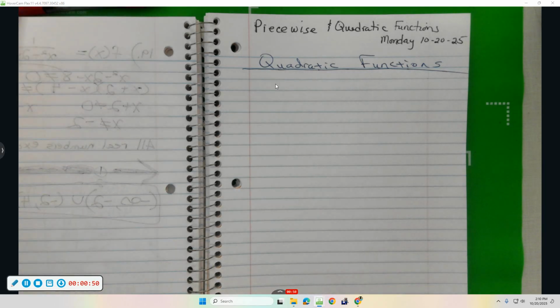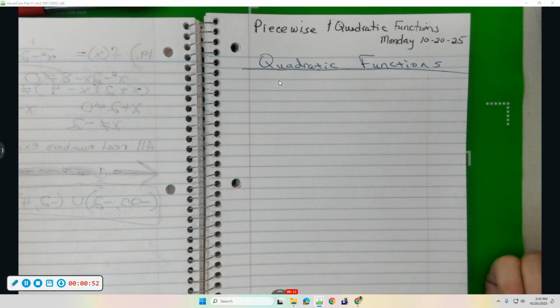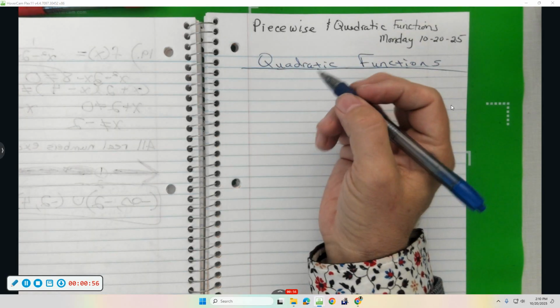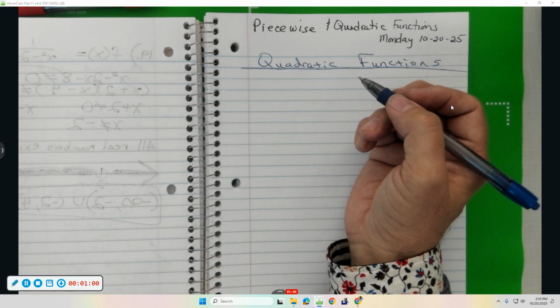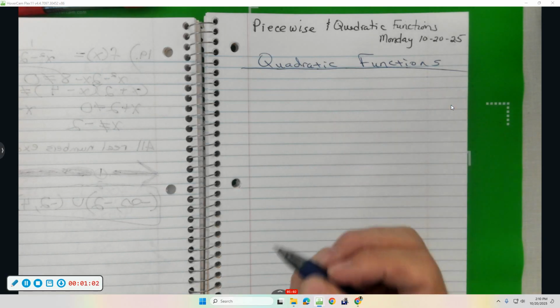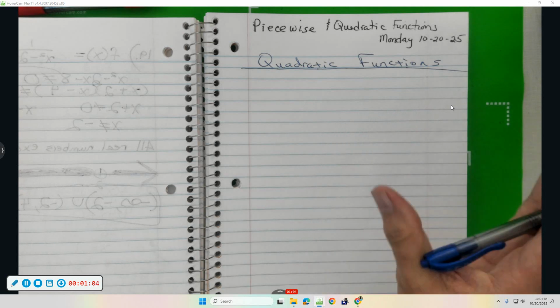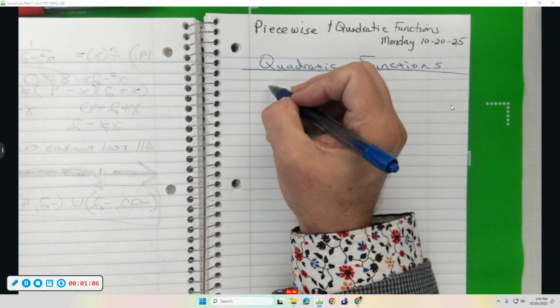Okay, so the last time we learned to define functions. And today we're going to look at quadratic functions. We graphed these things during the first section over graphing tools several weeks ago, but we didn't really use the word functions to describe it.